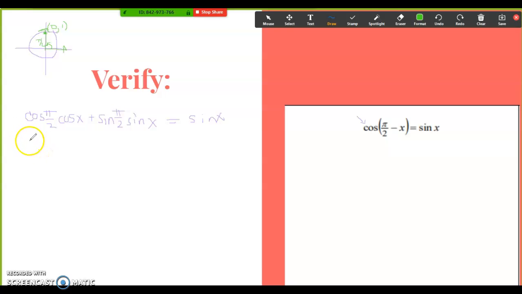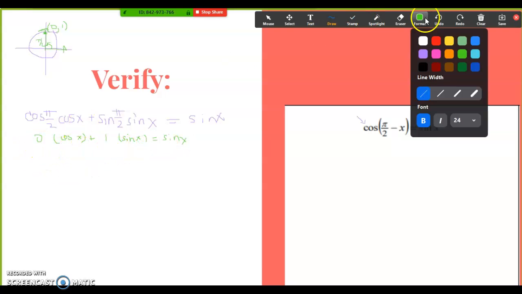We know this is really just saying 0 times cosine of x plus 1 times sine of x. And this should equal sine of x. Remember, verifying we need the left to look like the right.